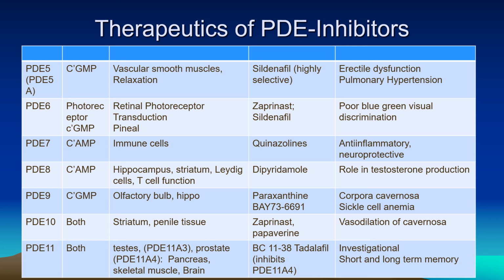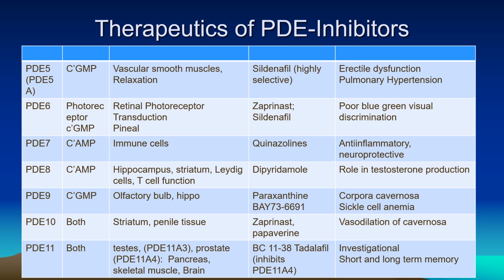Now, type 8 is inhibited by dipyridamole, which is actually an antiplatelet drug with vasodilating action. Type 9 is found in the olfactory bulb, and currently only investigational drugs are available, being evaluated in the treatment of sickle cell anemia.